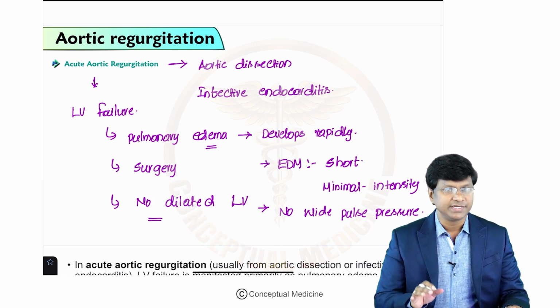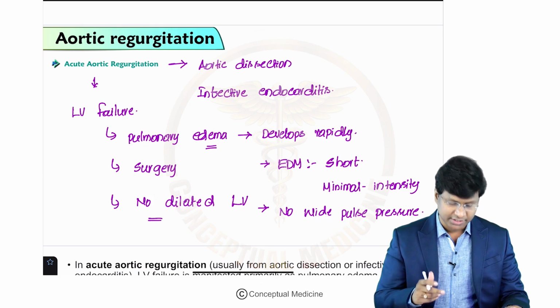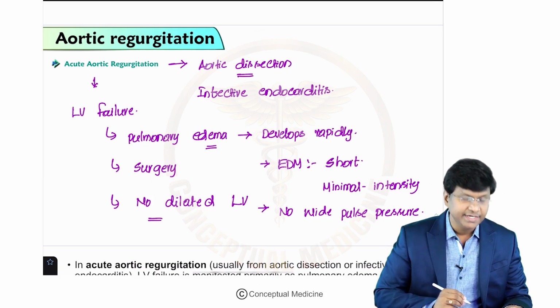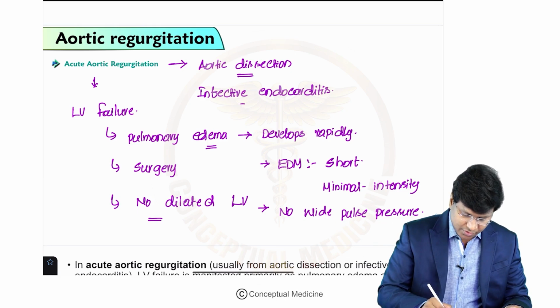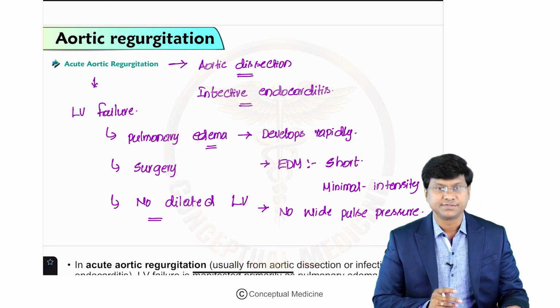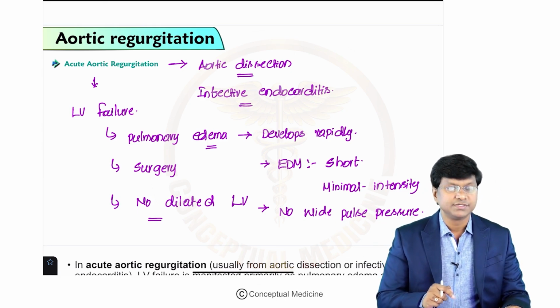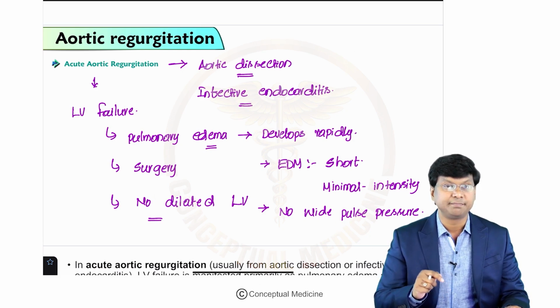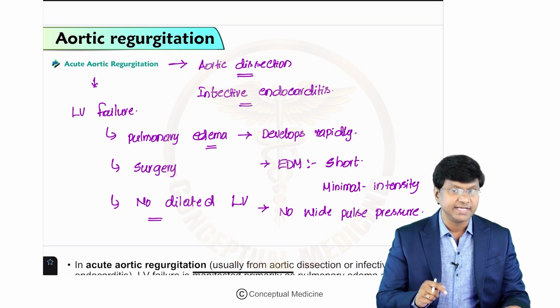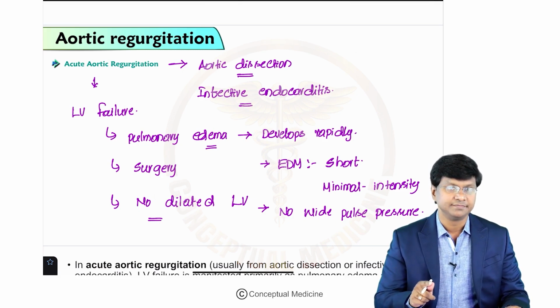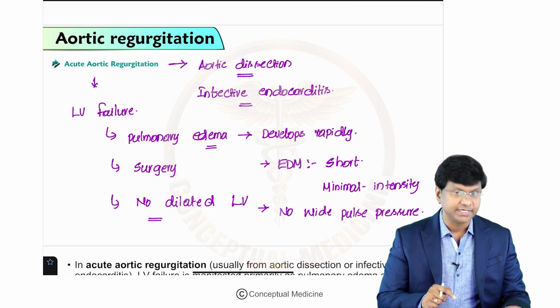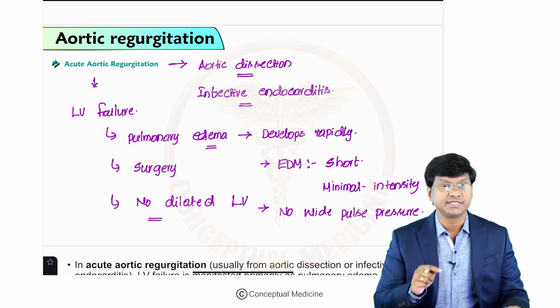Let me repeat. So in case of acute aortic regurgitation, what are the etiologies? It is secondary to aortic dissection or infective endocarditis. And in these individuals, there will be development of LV failure, and that is manifested primarily as pulmonary edema, and this LV failure develops rapidly. And in these patients with acute aortic regurgitation, surgery is urgently required.